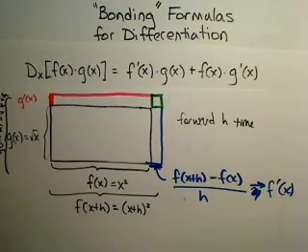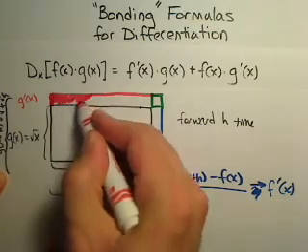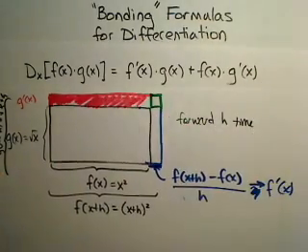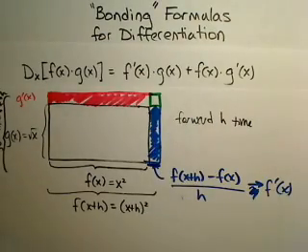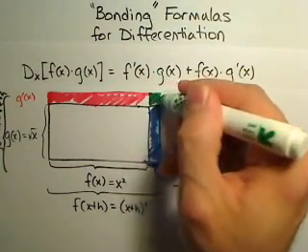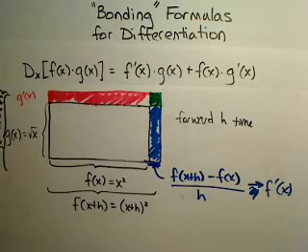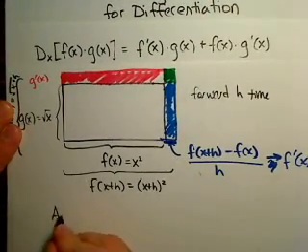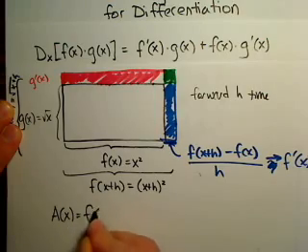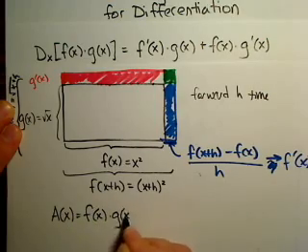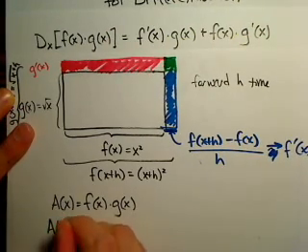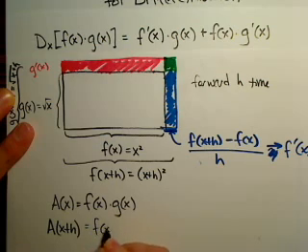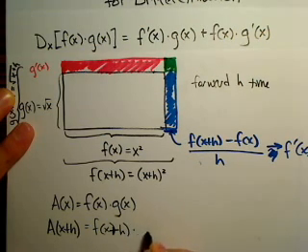So what area are we adding here? We're adding some red area, and we're adding some blue area. And we're also adding some green area. And so the amount that we're adding, the area, well, normally is f of x times g of x. And h seconds later, we're looking at f of x plus h times g of x plus h.